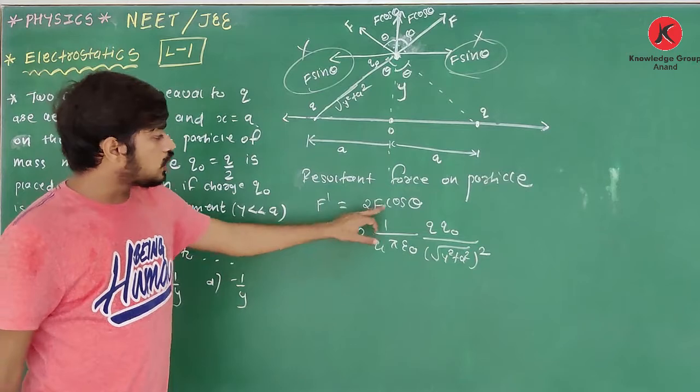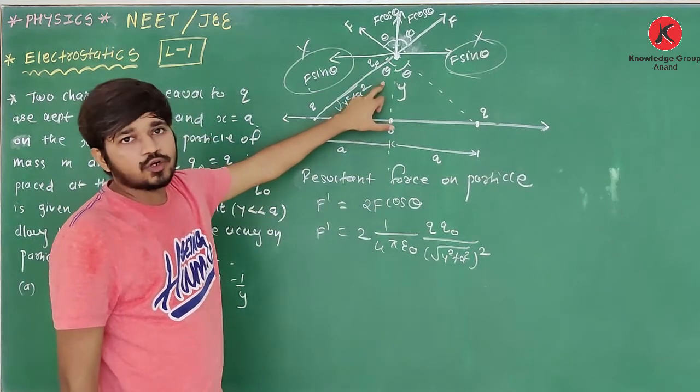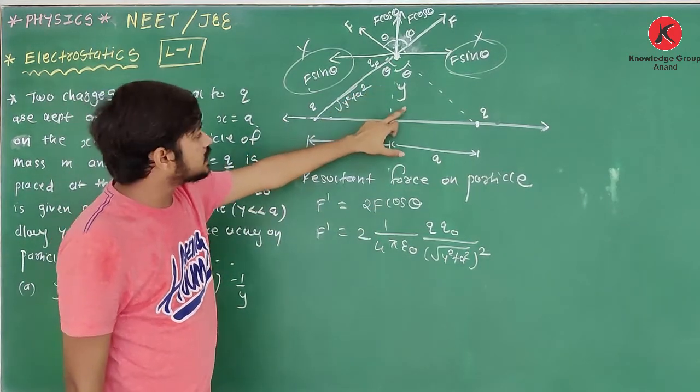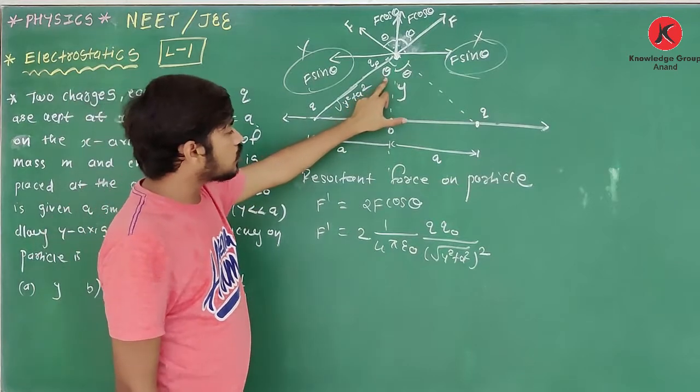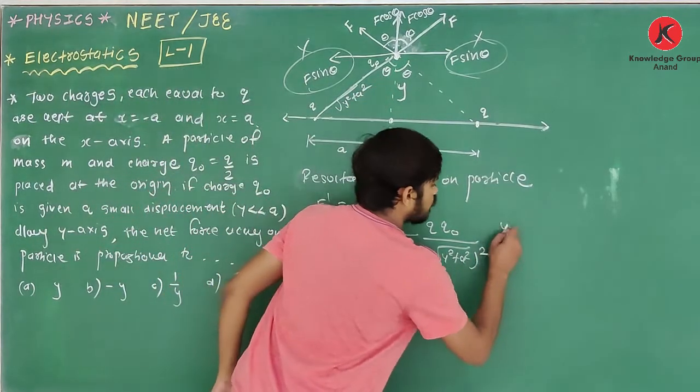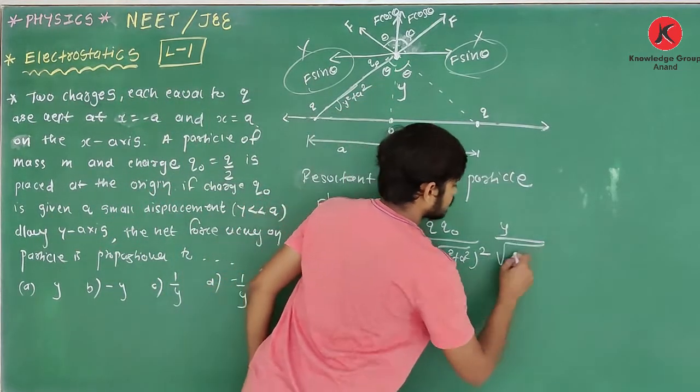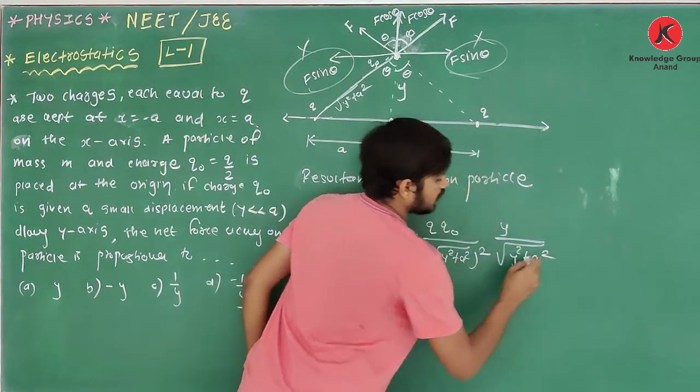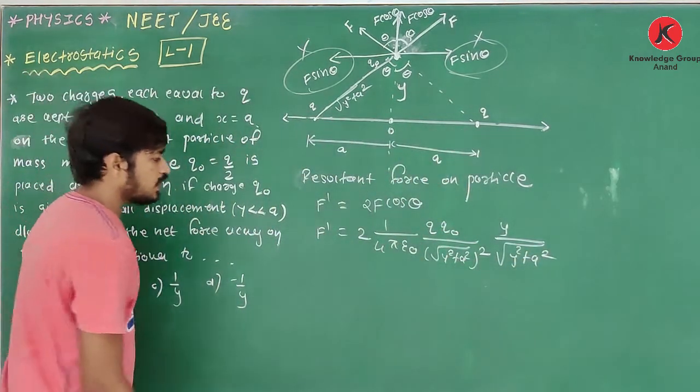Any doubt? Cos theta, from the figure you can write, is adjacent side upon hypotenuse. Its adjacent side is y and the hypotenuse is the square root of y squared plus a squared. So now how to simplify this?